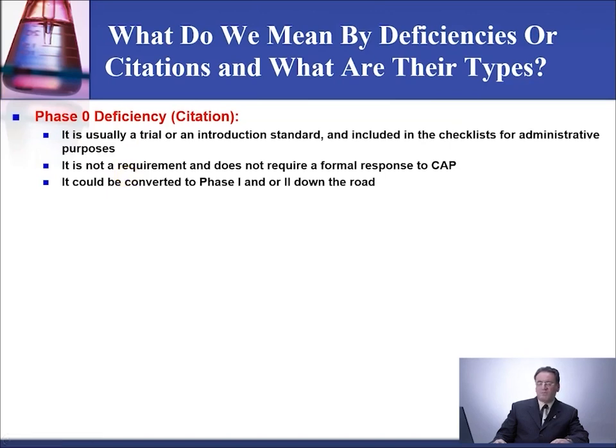They want to see how people are reacting to it and if they are in compliance with it. It is not required, and it does not require a formal response to CAB. It could be converted down the road to phase 1 or phase 2 deficiencies.